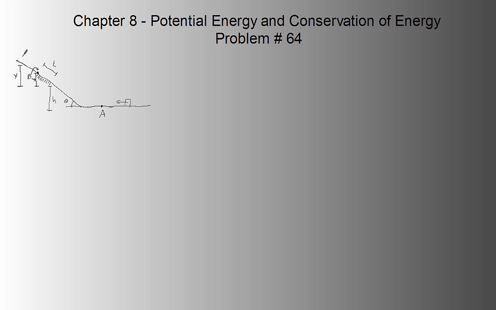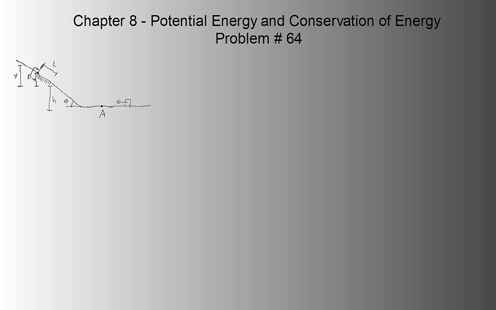So the problem's weird. It asks if the block can reach point B. So it's sliding right up here, right? Frictionless, frictionless, and then it hits friction here. It's going to slow down because of gravity pulling down the ramp. But now it's also going to slow down because of friction pulling down the ramp. So if it can reach point B, what is the speed there?